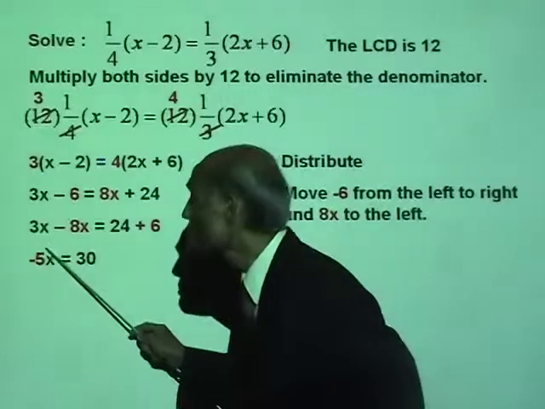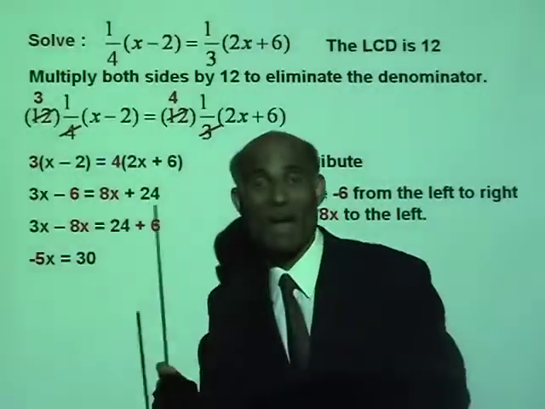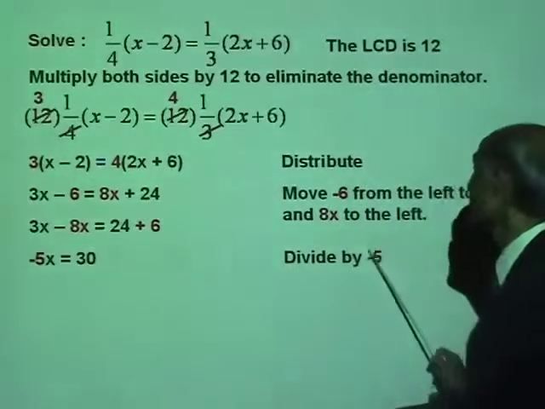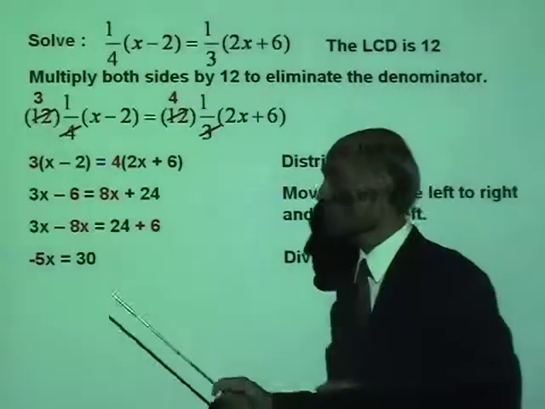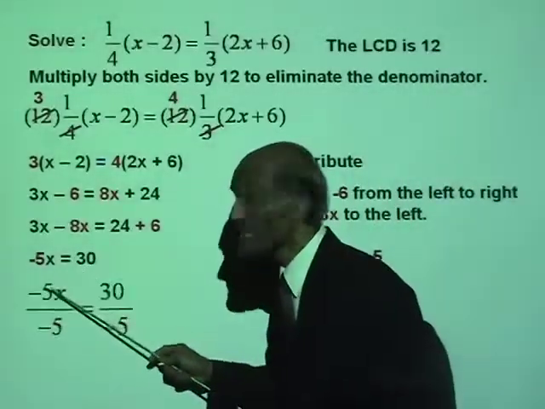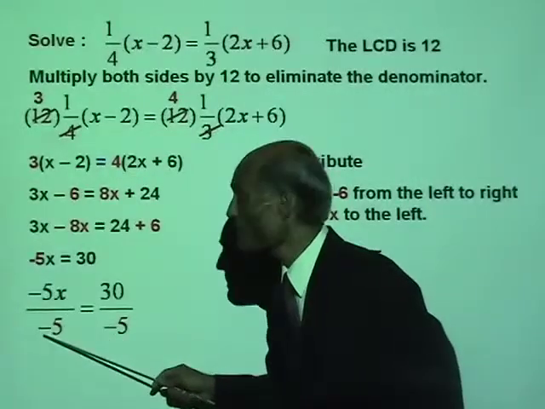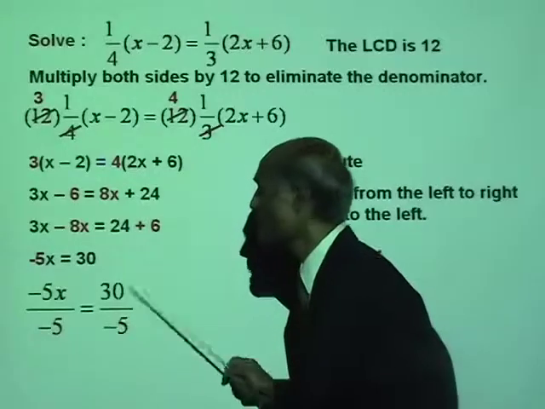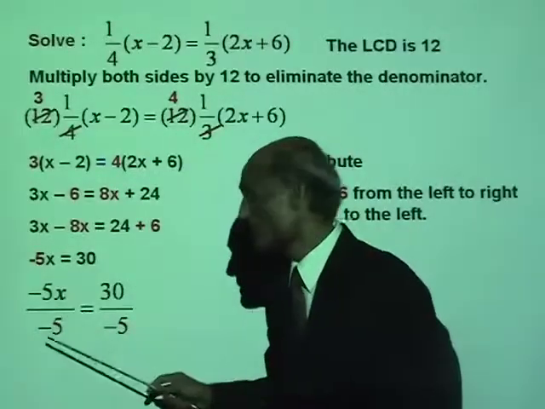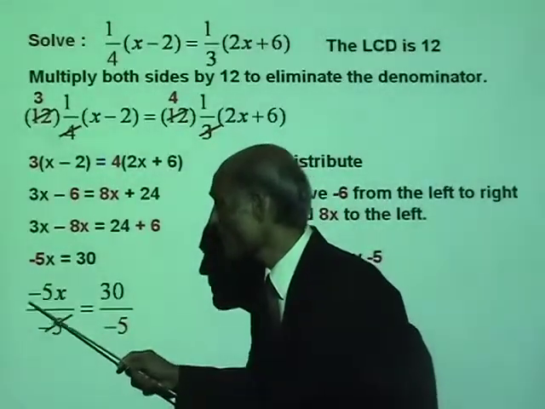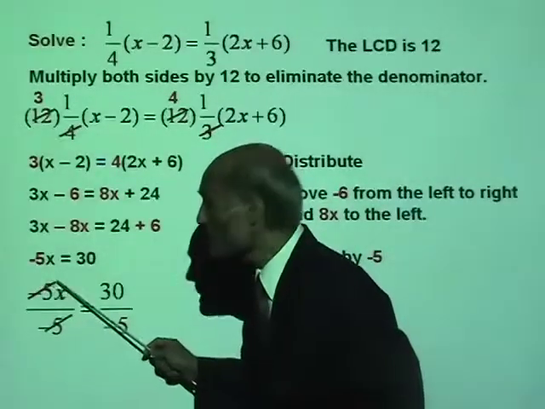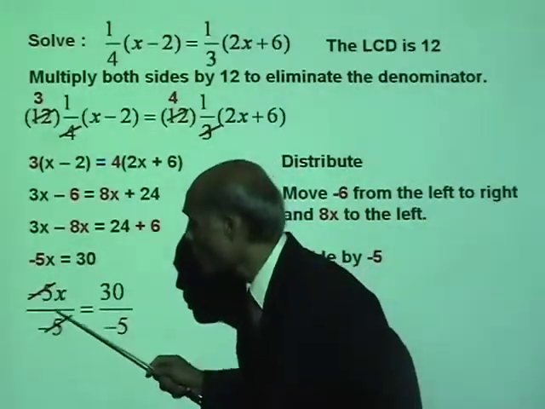Alright, what do we do to make the coefficient of x a 1? Divide both sides by negative 5. That gives me negative 5x divided by negative 5 equal to 30 divided by negative 5. The negative 5 and the negative 5 cancel on the left side, leaving x alone.